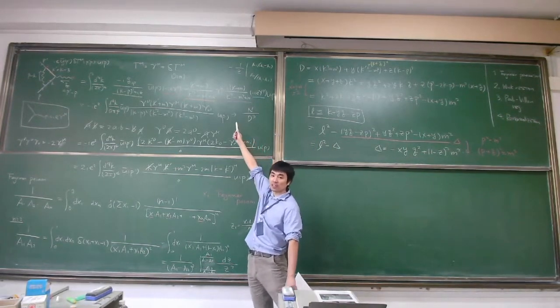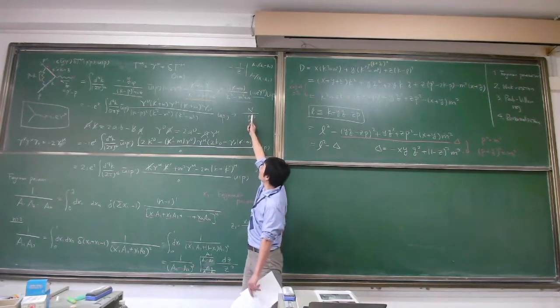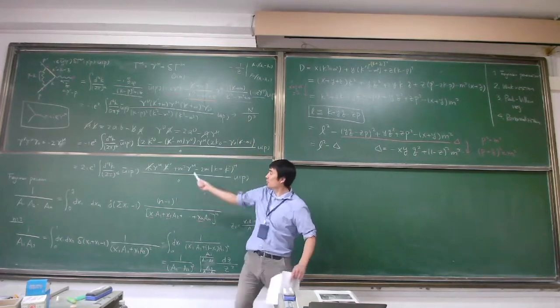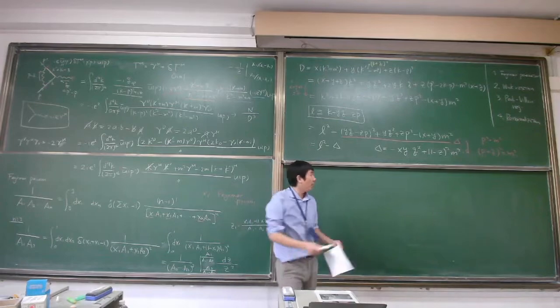That's already a great simplification. Now we try to take care of this numerator. And the numerator is this guy, and we need to rewrite everything in terms of this L.